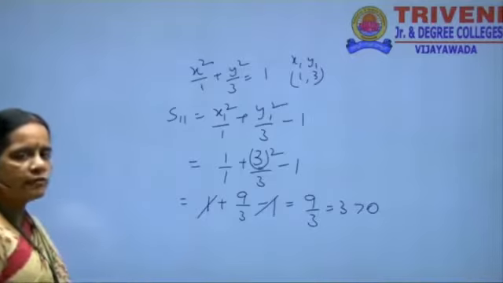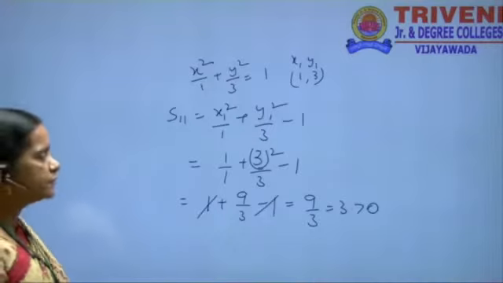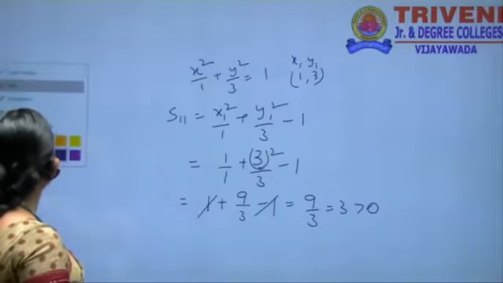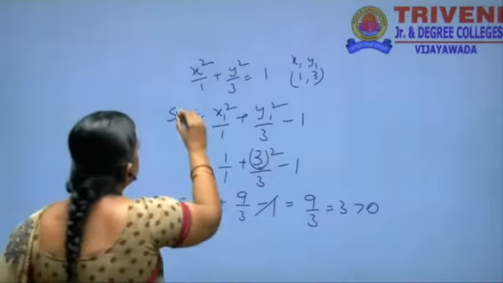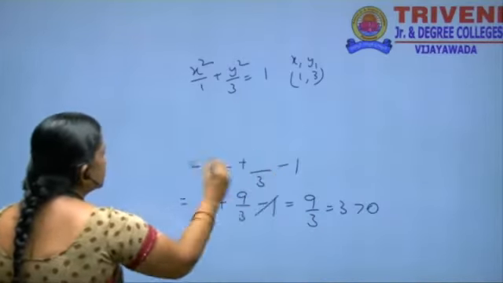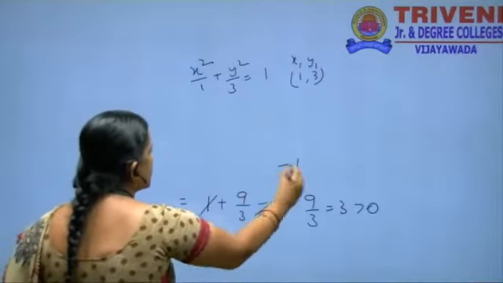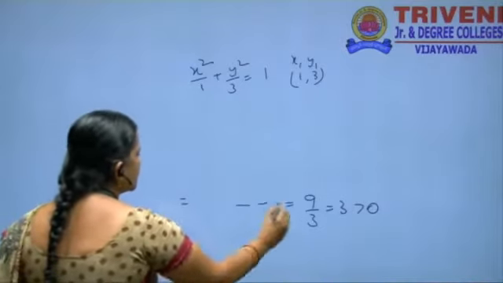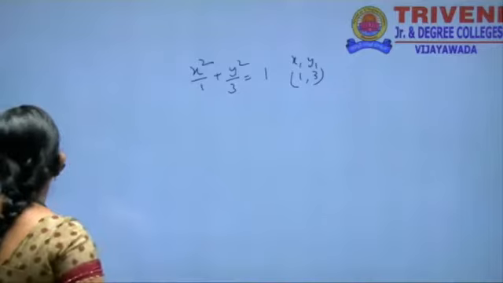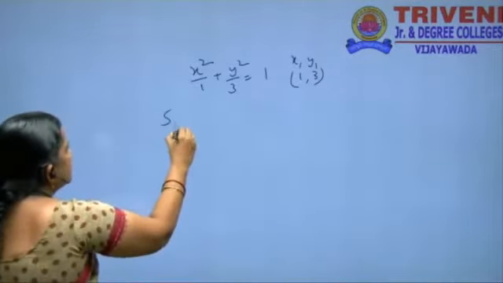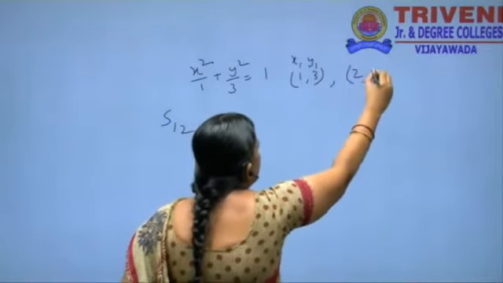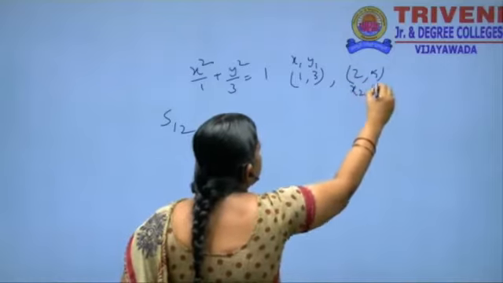In another way, you have to find the notation of S12 also. Here there is another point also. Suppose we take it as (2, 5). We take this as x2, y2.